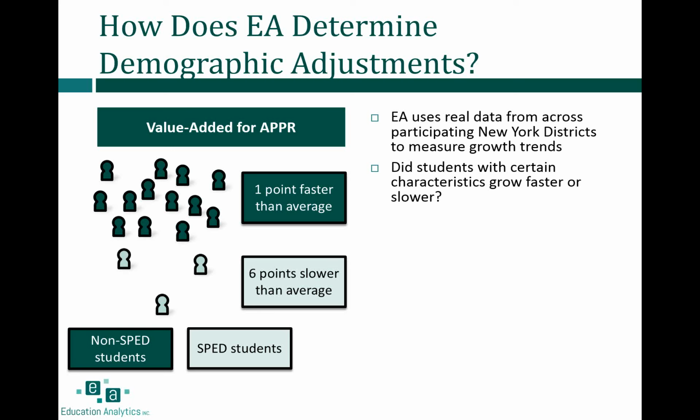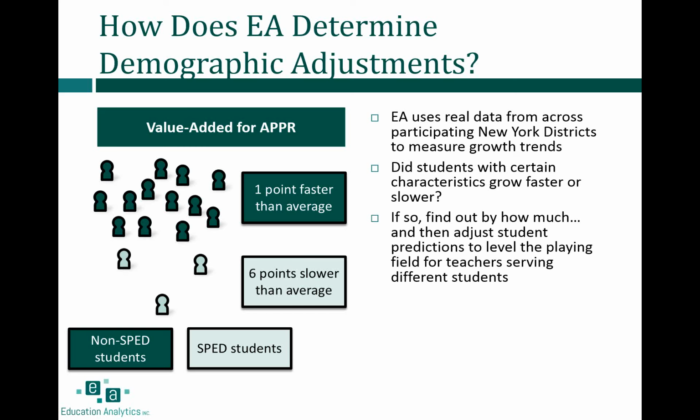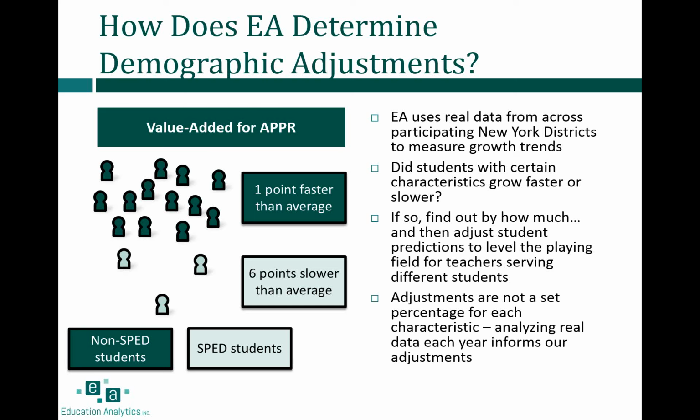So in this way, we're using statistics to separate out those students and then find out on average that they tend to grow faster or slower than the average for all students together. So in this case, we want to find out by how much, and then we're going to adjust our statistical predictions for students to level the playing field for teachers serving different student populations.